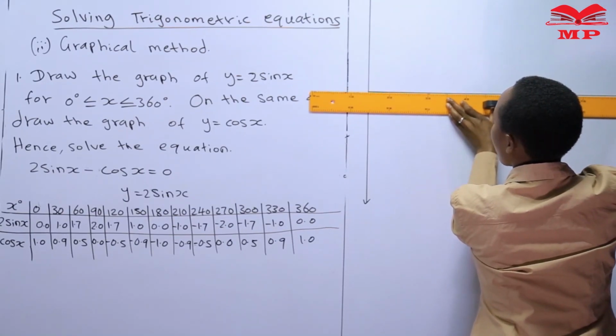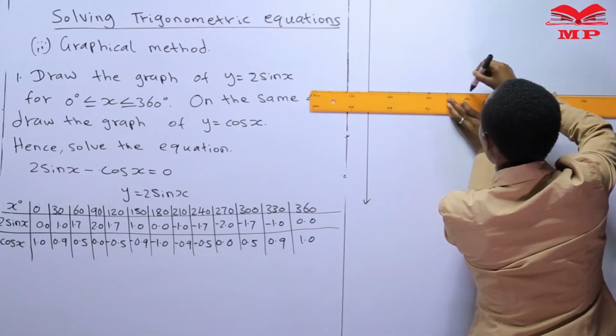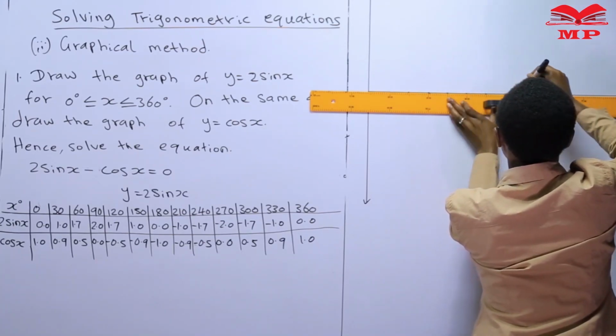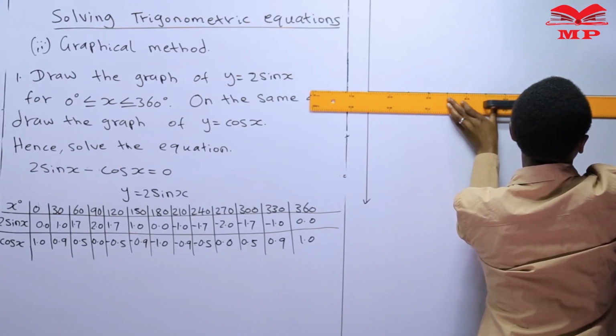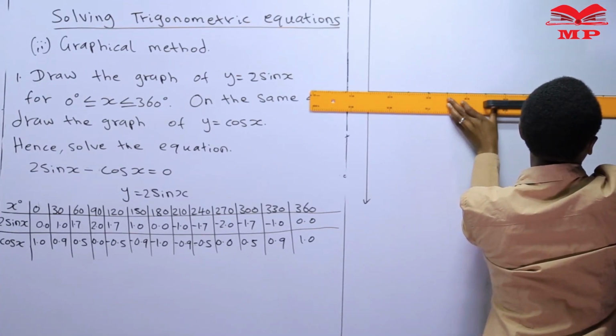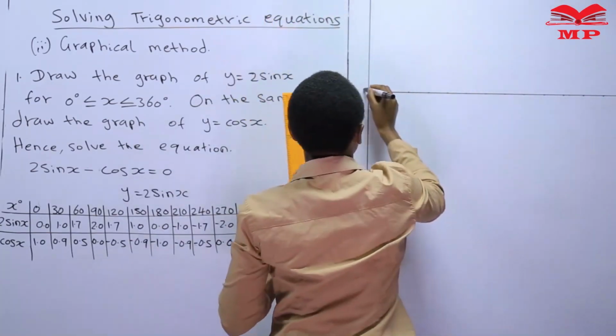So in this case we can have 1, 2, 3, 4, 5, 7, 8, 9, 10, 11, 12, 13. So that's what we have. So here we have 0.